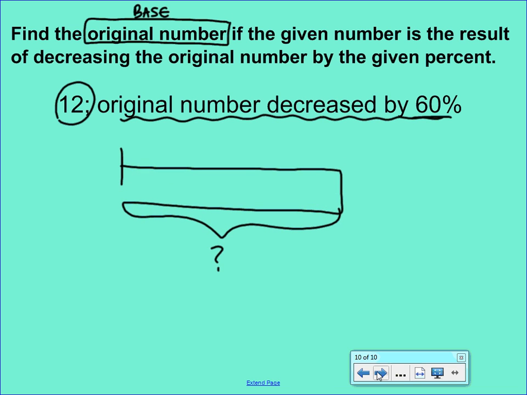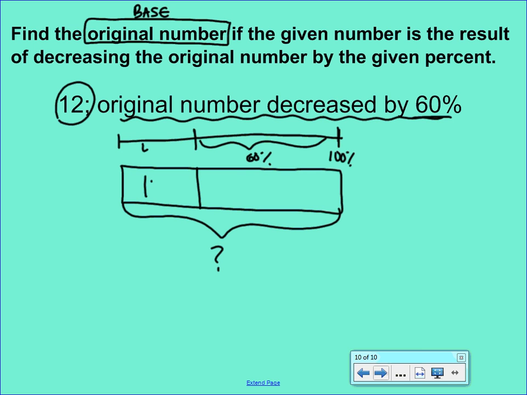So if I did a percent ruler here, I know that this is 100%. If I decrease by 60%, I'm going to go a little bit past half. This was a decrease of 60%. That means what's left equals 40%.